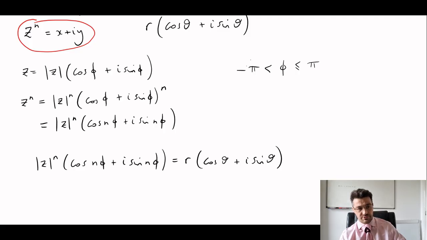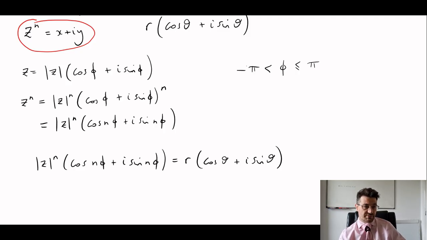What I mean by non-overlapping is that if I included the minus pi here, if I had the range minus pi less than or equal to phi less than or equal to pi, if you think about the Argand diagram, there's going to be an overlap where all of the numbers on the negative real axis are going to have two different representations. That's what I mean by overlapping. So we want to avoid that. So this would be one suitable 2 pi range.